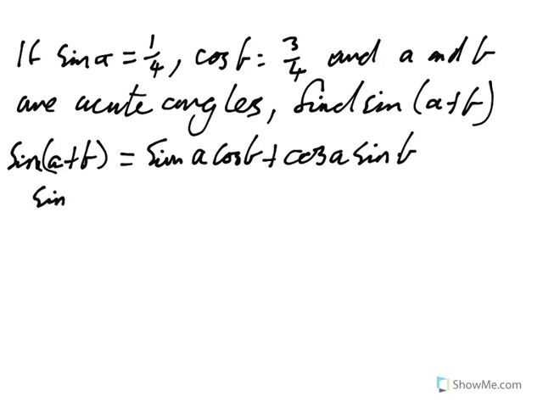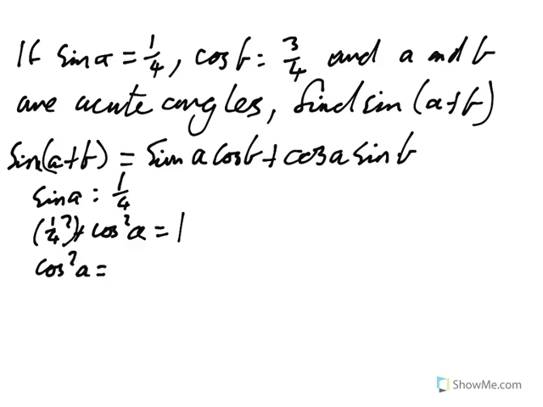So sine A equals a quarter. Pythagorean says that sine squared, so a quarter squared, plus cos squared equals 1. So cos squared is 1 minus 1/16, which is 15/16.